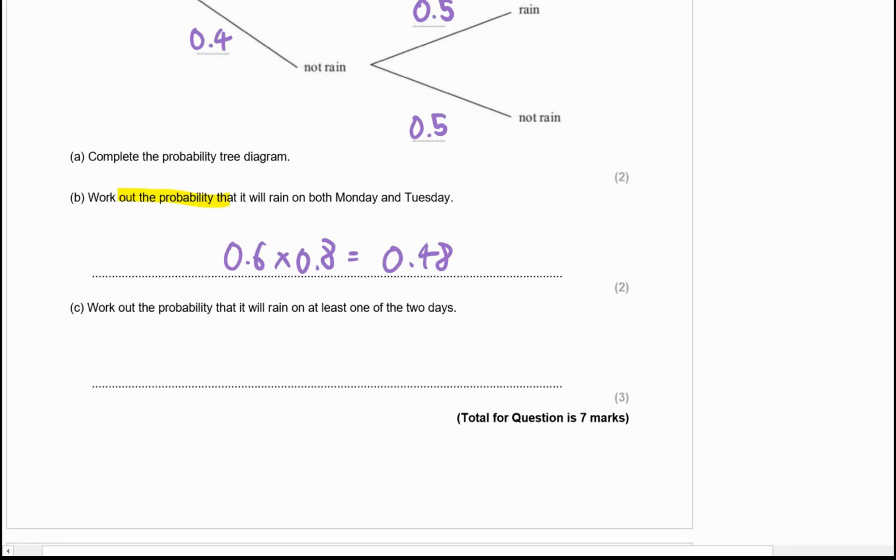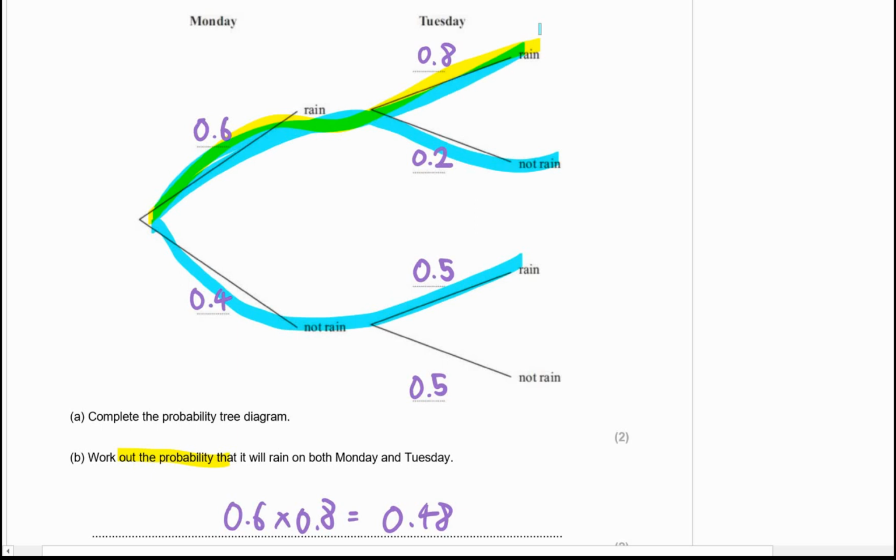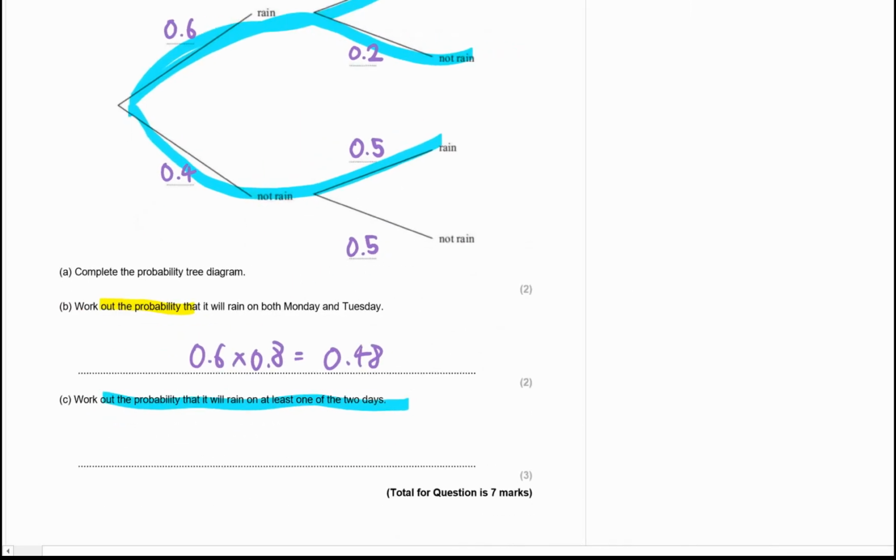Next, work out the probability that it will rain on at least one of the 2 days. At least one, I mean it can rain on one day, and it can rain on both days. So we have a total of these 3 options, where in each case it has rained on at least one of the days or both. And you do the same thing there. So for this path here, I have 0.4 times 0.5.